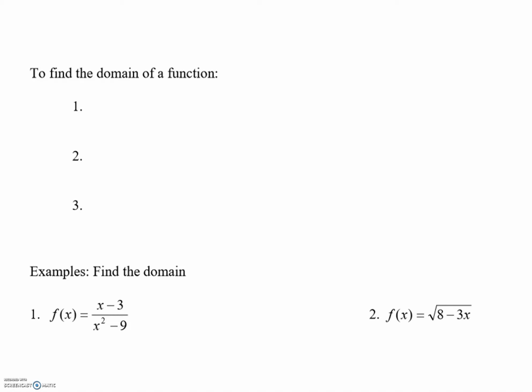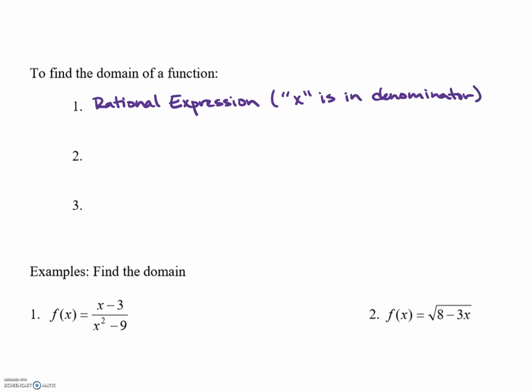The first rule is if you have a rational expression. First of all, what does it mean to be a rational expression? Remember, that simply means x is in the denominator. What are we not allowed to have in the denominator?